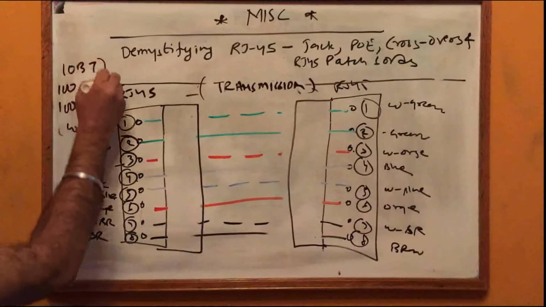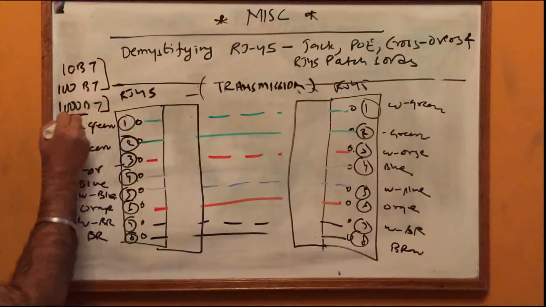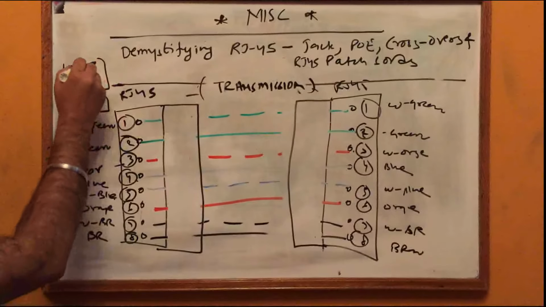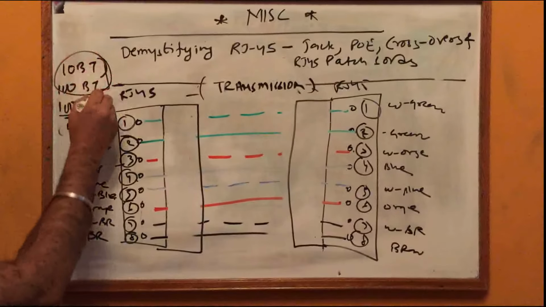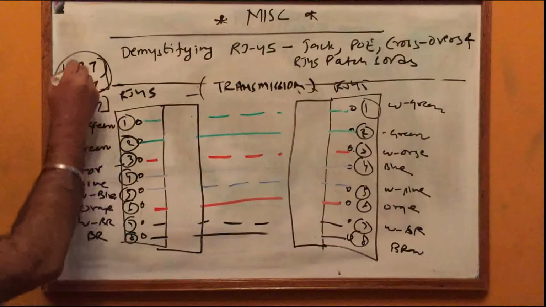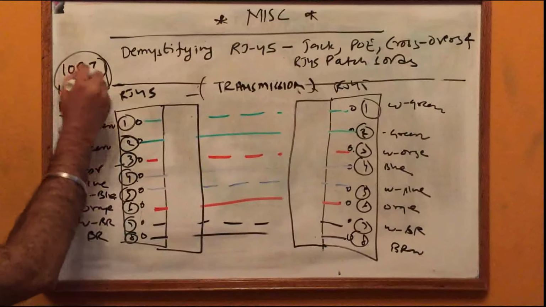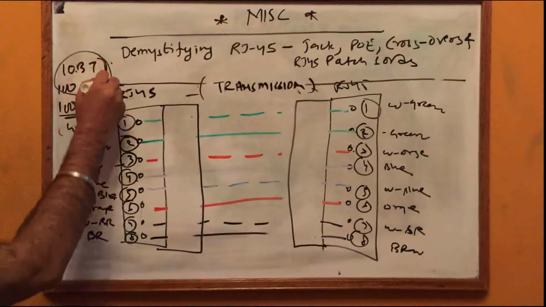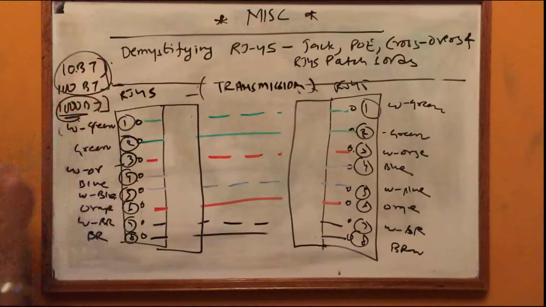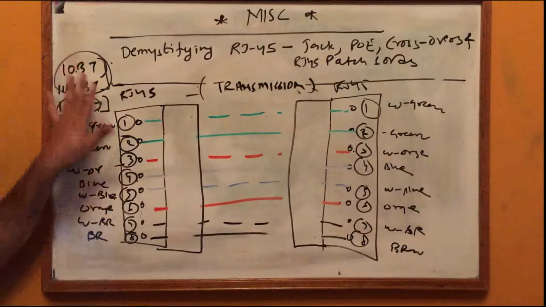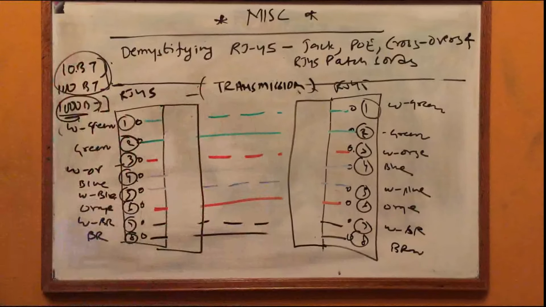We are going to talk about these two standards, and then about the 1 gig standard. There is something different between 10 and 100 Mbps networks and gigabit Ethernet, and I'm going to explain what is different.